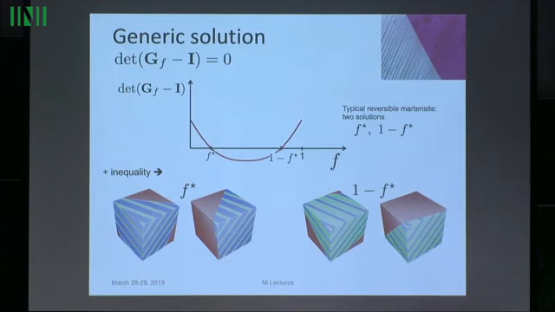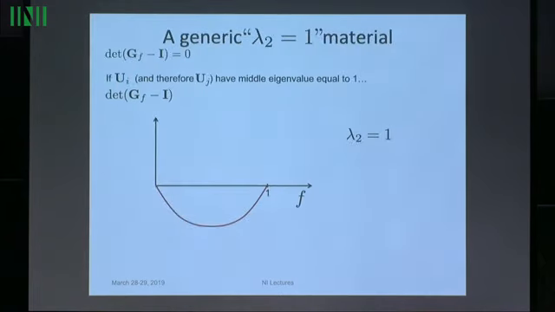What happens when lambda 2 is 1, not lambda 2 of GF, but lambda 2 of the original stretch tensor? Of course, then the quadratic function looks like this, right? Because at volume fraction 0 and at volume fraction 1, those are the pure variants, untwinned, which would be compatible in that case.